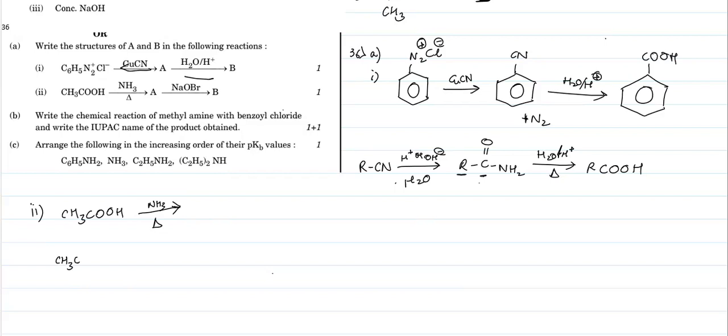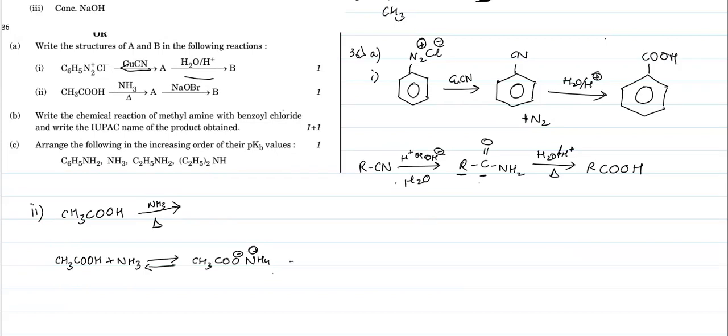So the carboxylic acid is undergoing a chemical reaction with ammonia, leading to the formation of ammonium acetate. So CH3COO minus and NH4 plus.